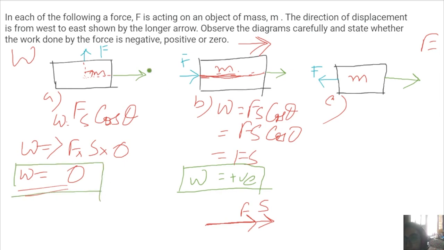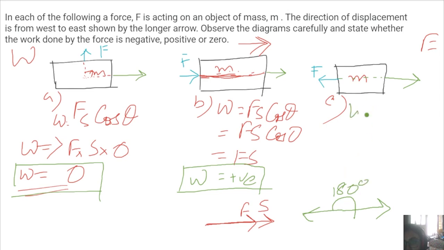The third case says that the force and the displacement are in opposite directions, right? Now look at it carefully. If I again extend these lines, the angle we're talking about is 180 degrees.